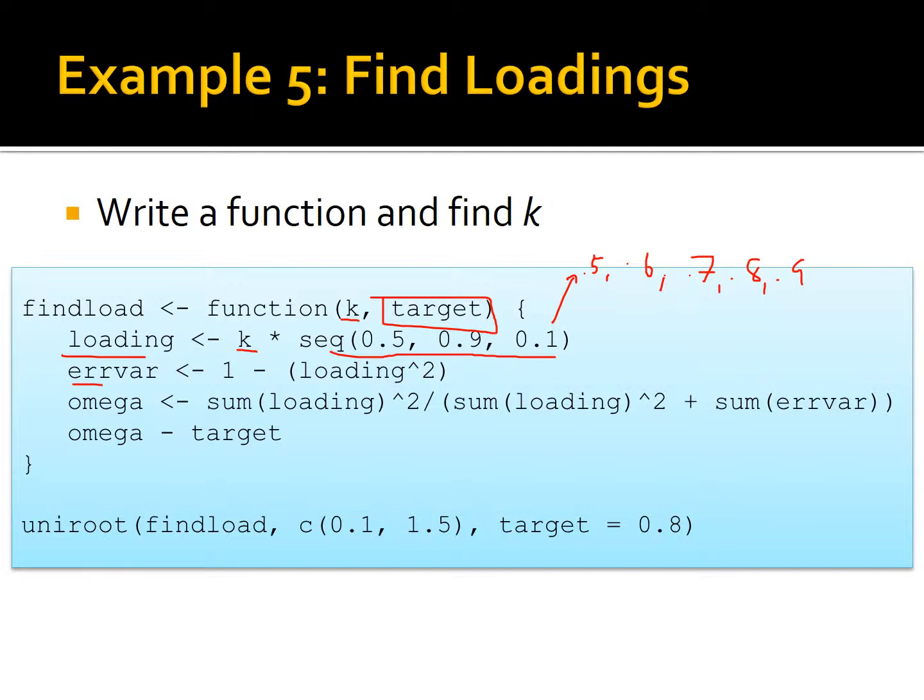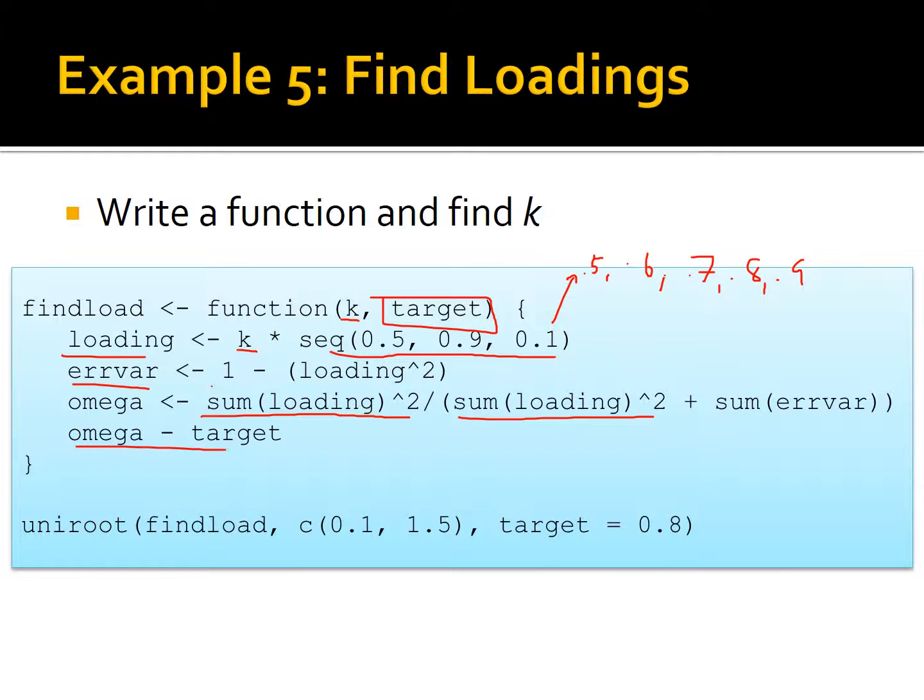Okay, and the error would be 1 minus the loading squared, which makes the indicator variance equal 1. And then the omega is the sum of the loading squared divided by the sum of the loading squared plus the sum of the error variance, as we have the formula previously.